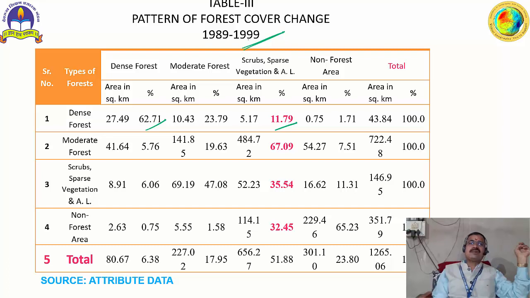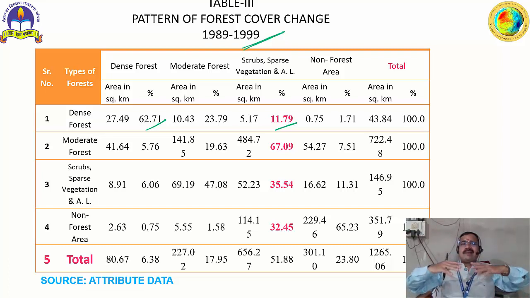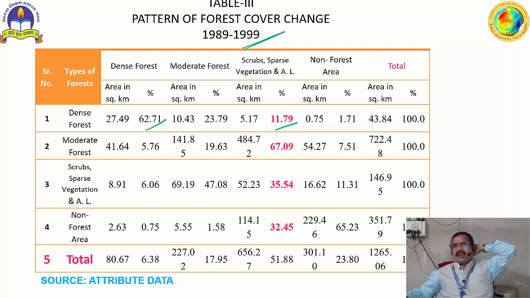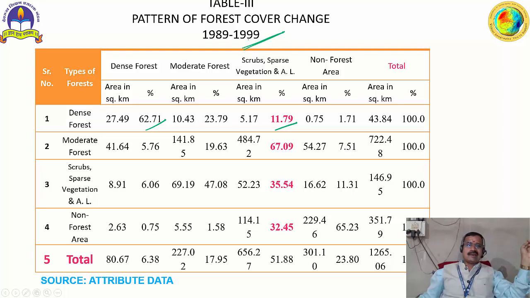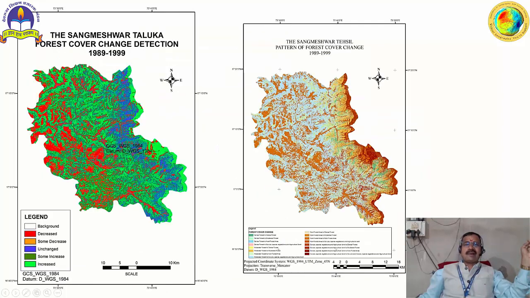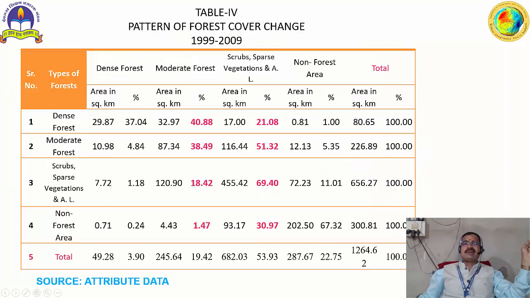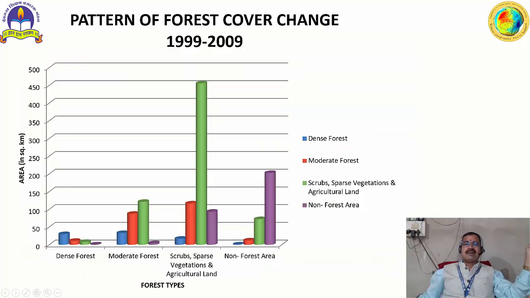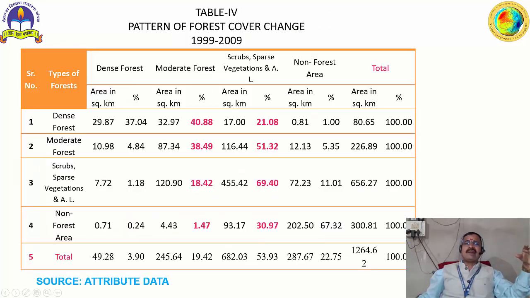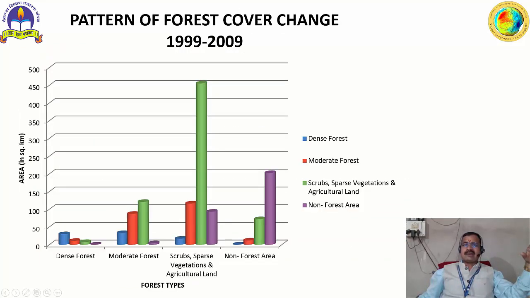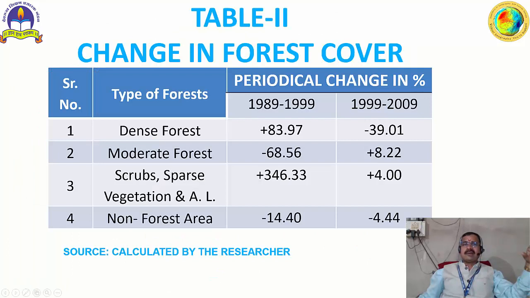Again, scrub to dense. This type of how it is changing, and for that purpose we had applied a technique from ArcGIS. And this is the graph, and again these are the change detection graphs. Again you will find that during the period of 1991 to 2009, what was the change in the forest cover in the study region.